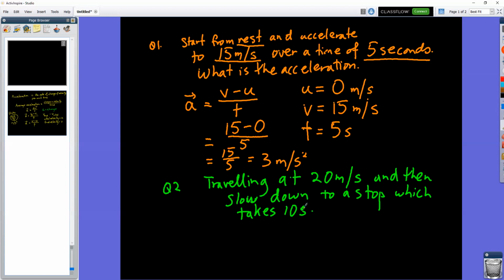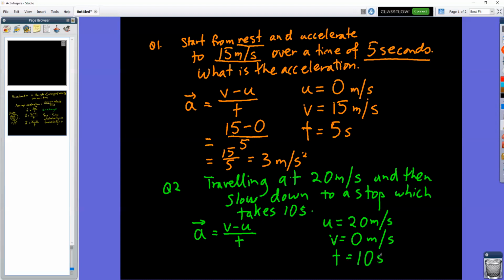So what's our acceleration now? Let's write our formula again: a equals v minus u on t. This time, our u, or our initial velocity, is 20 meters per second. And our final velocity, v, is 0 because we've come to a stop, and the time it takes us to do it is 10 seconds.